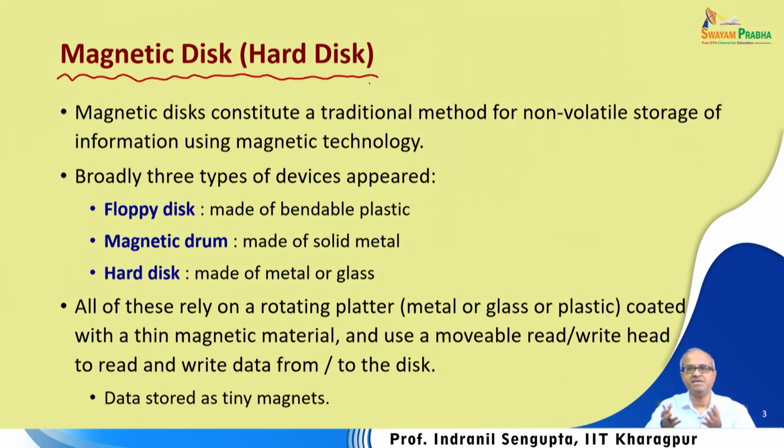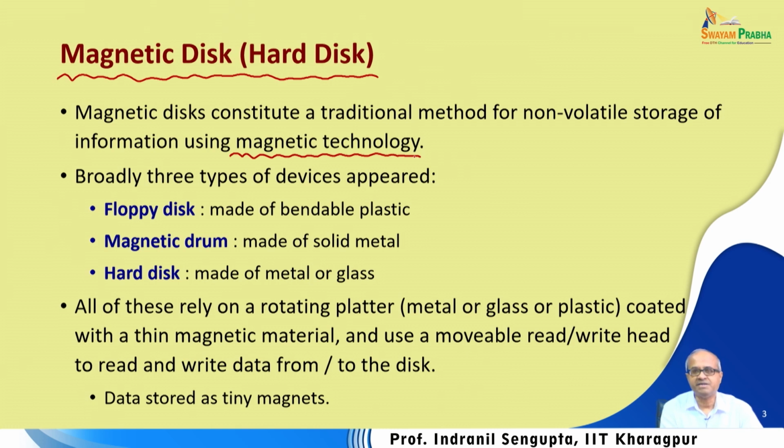It is a traditional way of storing information on a recording surface with a layer of ferromagnetic material. So, data are stored as very tiny magnets. Depending on which side is the north pole or which side is the south pole, you can store either 0 and 1. So, basically we are using some kind of magnetic technology to store information.